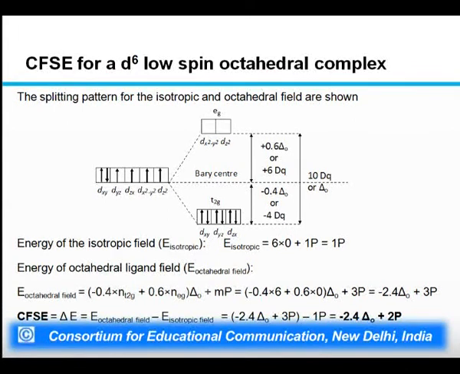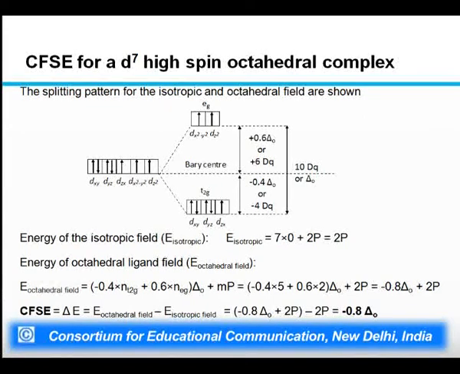So, energy of an isotropic field would be 1P corresponding to that one electron pair, and energy of an octahedral field would be minus 0.4 into 6 delta naught plus 0.6 into 0 delta naught plus 3P, which comes down to be minus 2.4 delta naught plus 3P. So, CFSE comes out to be the difference between these two fields, equal to minus 2.4 delta naught plus 2P.